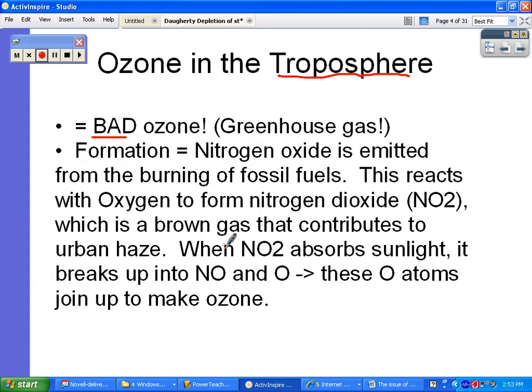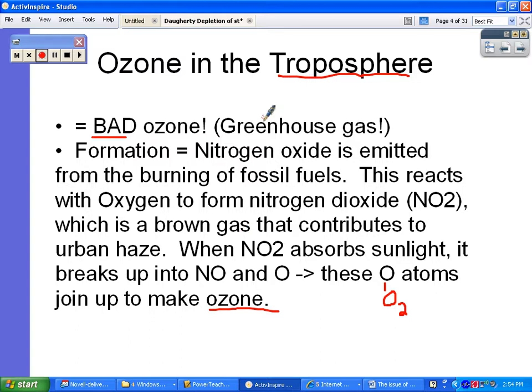And then also when NO2 combines with sunlight, it can break up into plain NO, nitric oxide, and singleton little oxygens. Whenever you get little singleton oxygens, that's always bad news because single oxygens can join up with O2. And when a single oxygen joins up with O2, that forms O3, which is ozone.